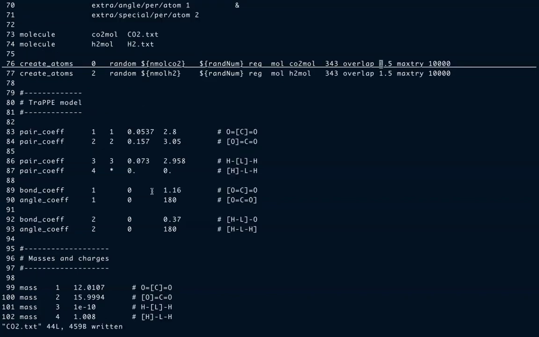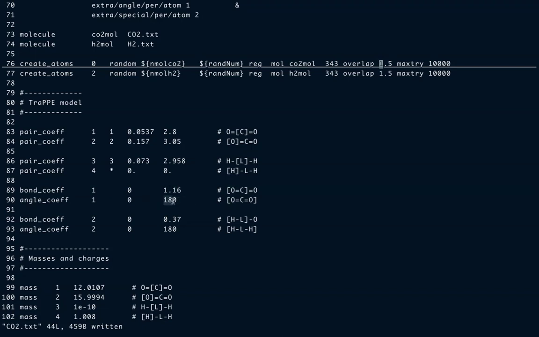But note that it is important to mention this here, because what you provide in the initial CO2.txt file is just the coordinates, but it's not really the property of that molecule. But here for the bond coef, you actually specify it as a property.